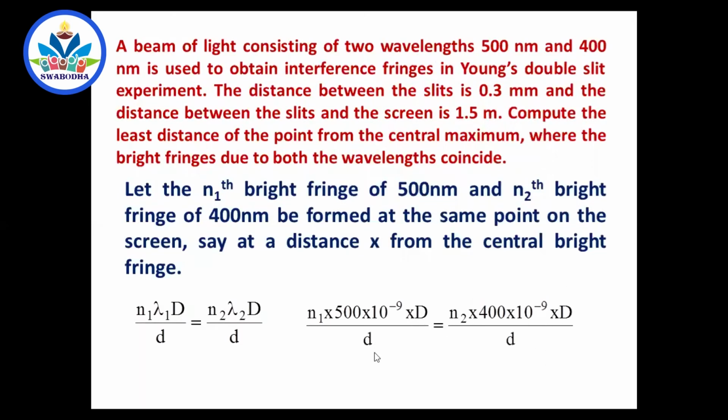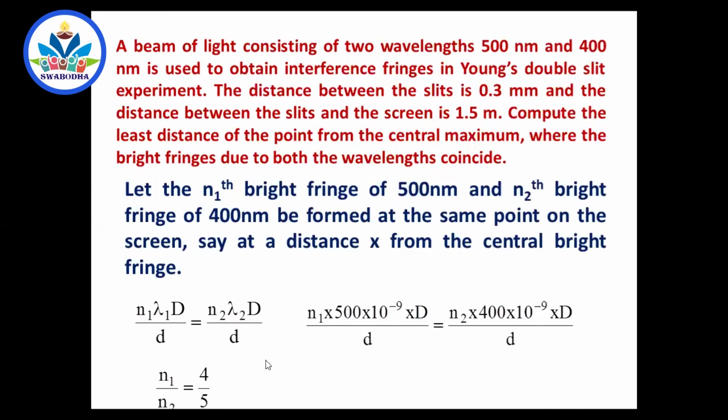These two things are the same for both wavelengths. They are using the same apparatus. So what you will get? n1 by n2, bringing n2 here, 4 by 5. Other things get cancelled. Now what do you mean by this? Sir, can't I write it as 0.8?